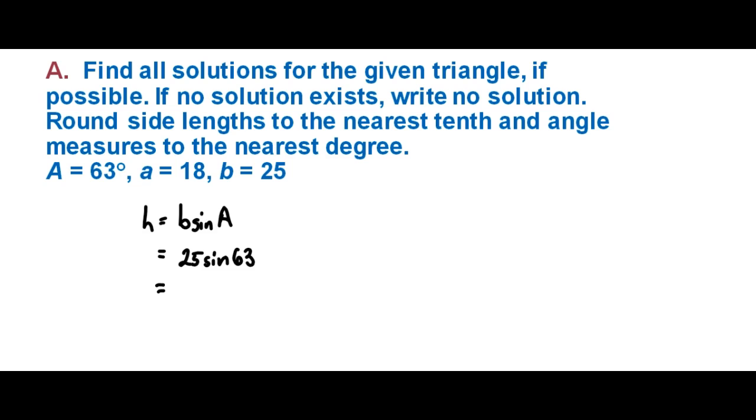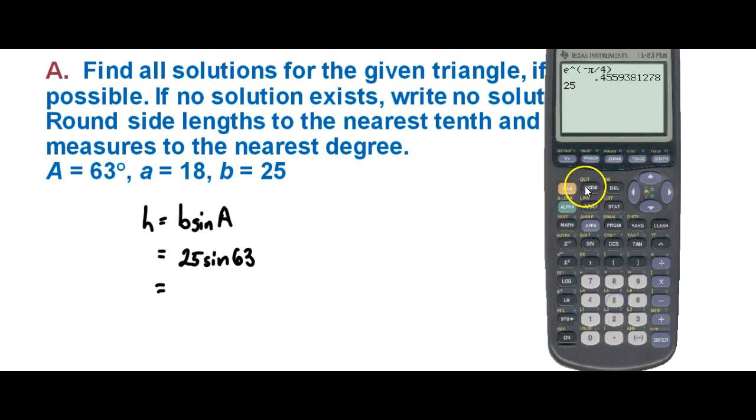When I put that into my calculator, I need to be in degrees. So I have 25 sine of 63, which should be 22.3.